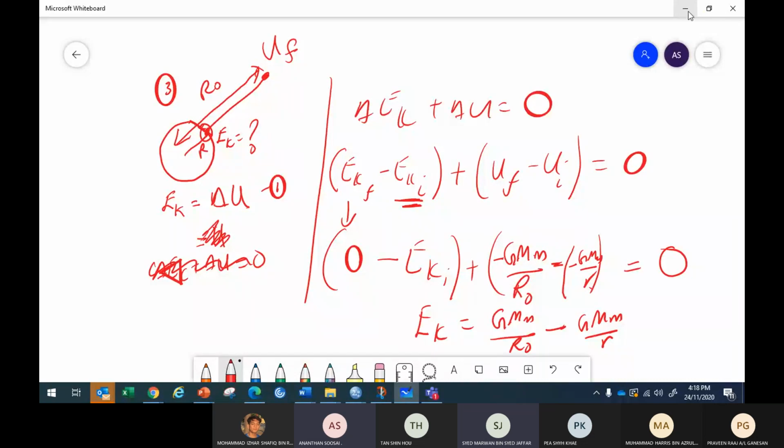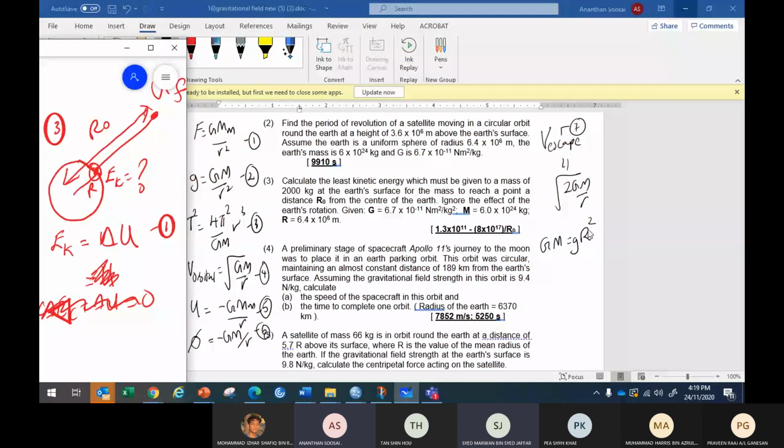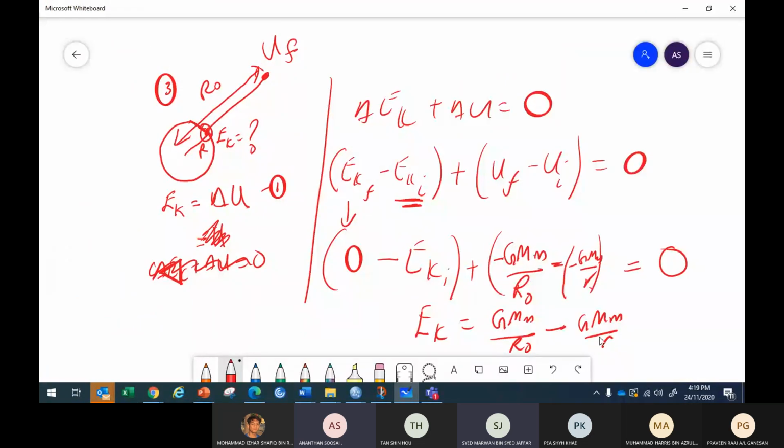Okay. What is the mark scheme given? So 1.33 times 8 point. So how to get 1.33? They give 1.33. Negative GMm over R. What do you get? Final minus initial. Oh yeah, correct. This is still negative, right? If this becomes positive, I made a mistake.